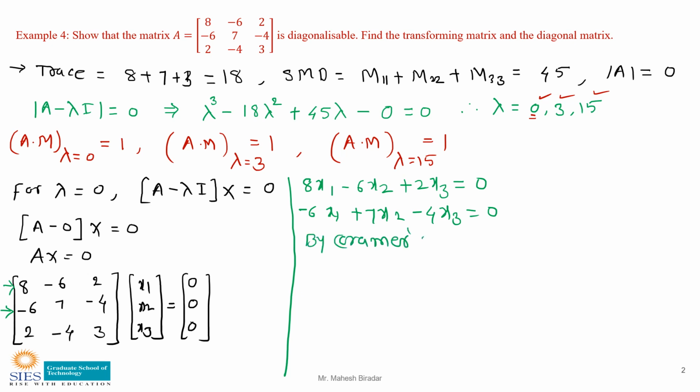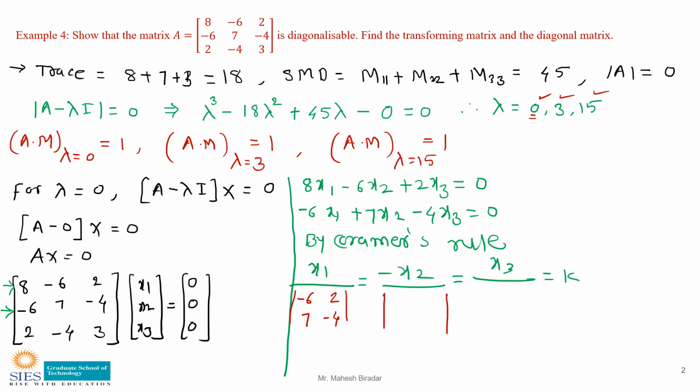By using Cramer's rule, we can find x1 divided by, x2 divided by, and x3 divided by, equal to some proportionality constant k: x1 divided by the coefficients of x2 and x3, which are minus 6, 2, 7, minus 4; x2 divided by the coefficients of x1 and x3; and x3 divided by the coefficients of x1 and x2.